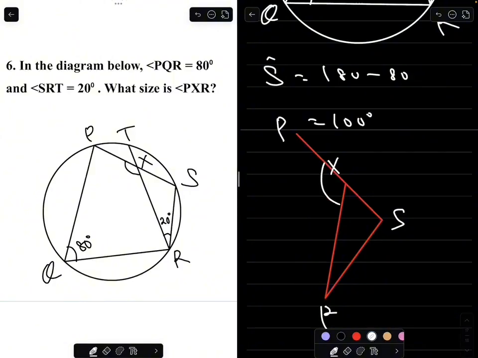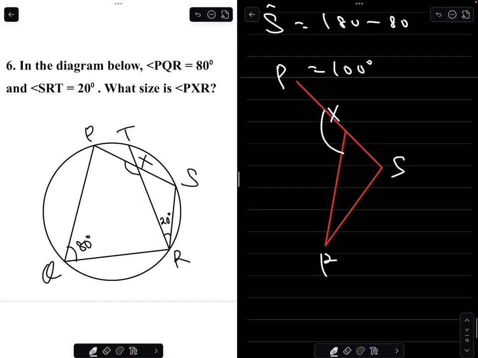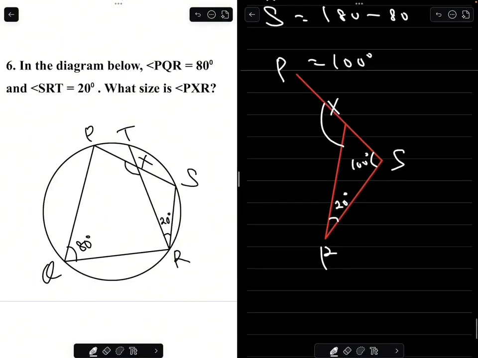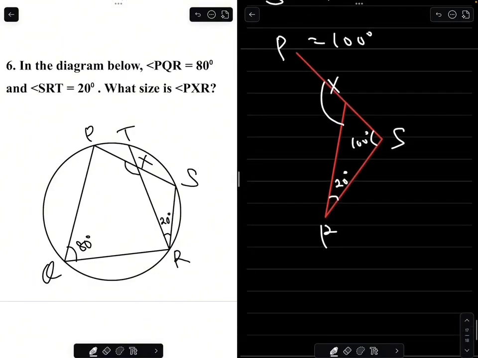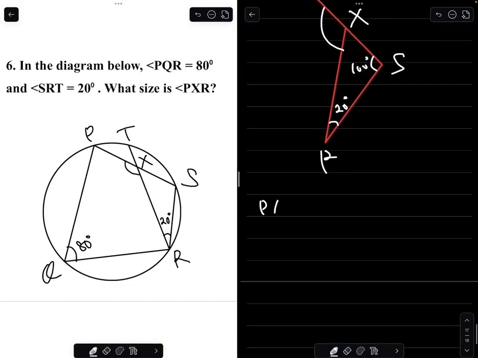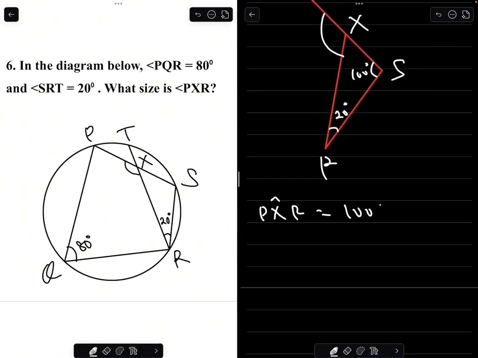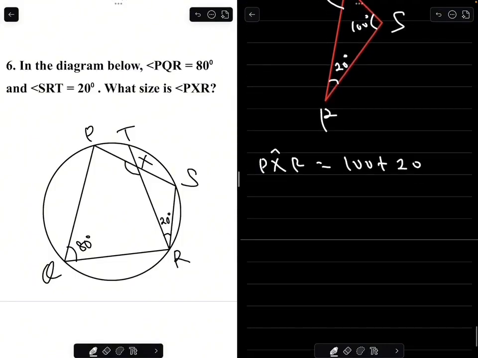That means this is an exterior angle, and it's going to be equal to the sum of opposite interior angles, which will be this angle plus this angle. And I know that this angle is 20 degrees and this angle is 100 degrees. So angle PXR equals 100 plus 20, which is equal to 120 degrees.